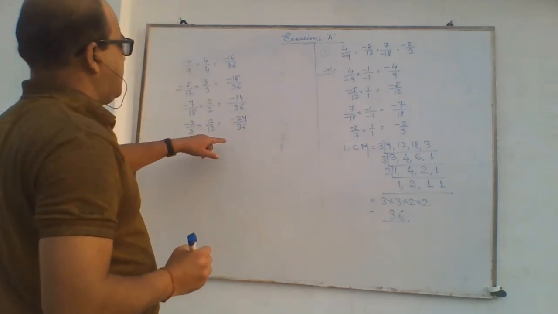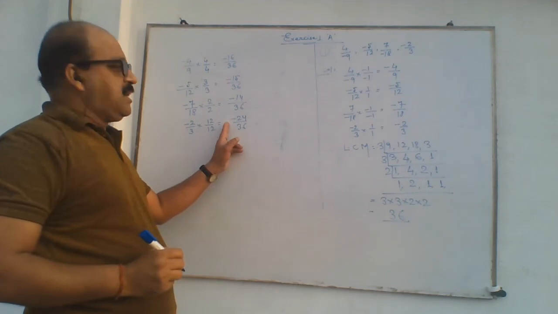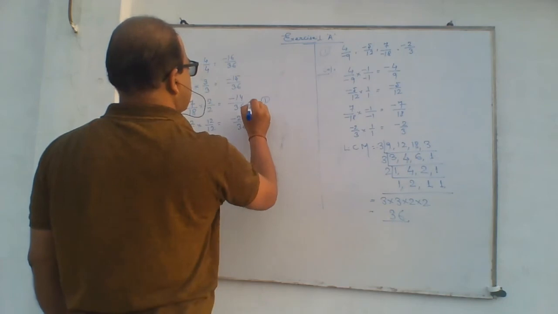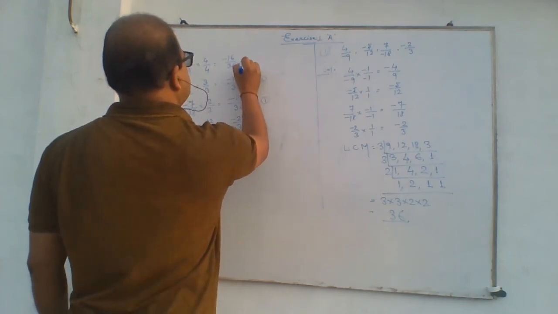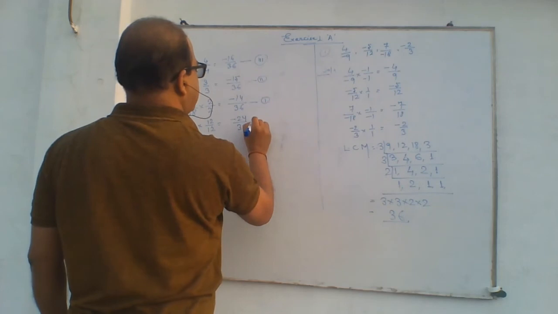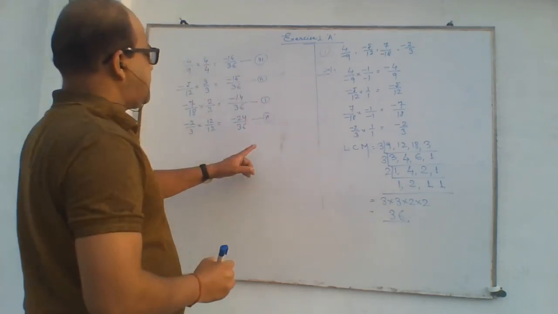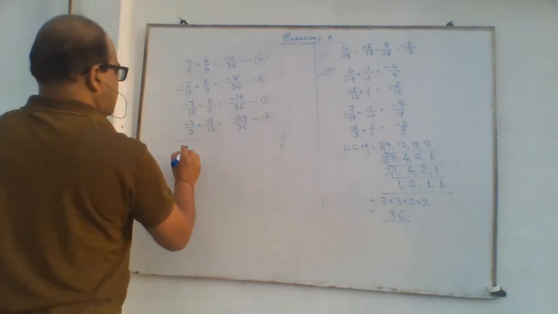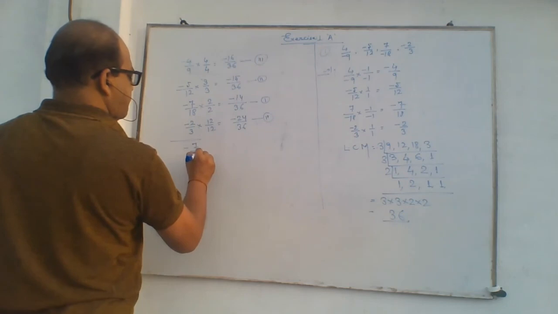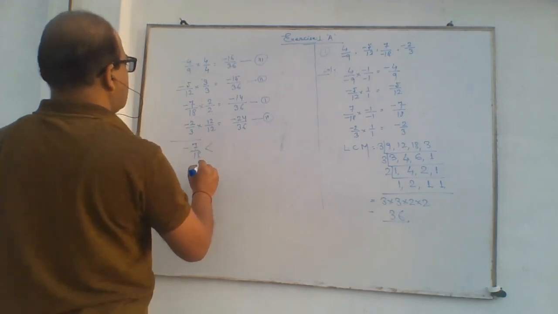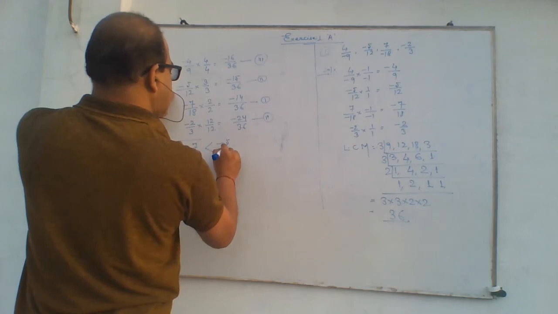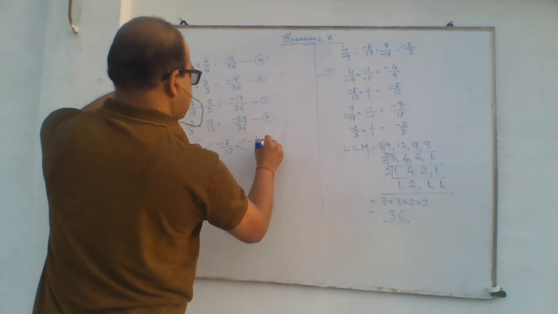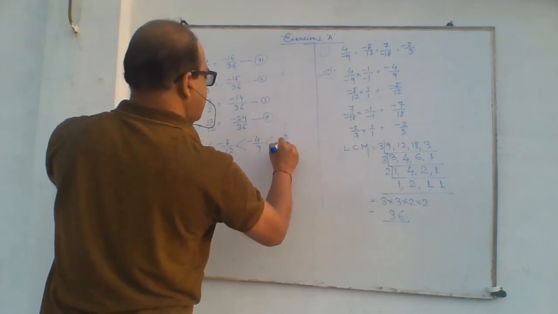What we have seen is that the less negative value is greater. So this is first, second, third, then fourth, and we have to arrange them. According to the question, minus 24 by 36 is smaller than minus 16 by 36 ... that is, minus 7 by 18 is smaller than minus 5 by 12, smaller than minus 4 by 9, smaller than minus 2 by 3.